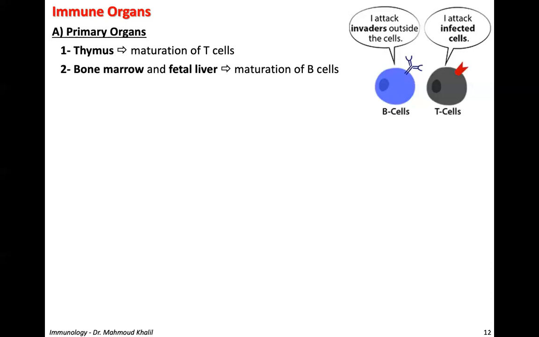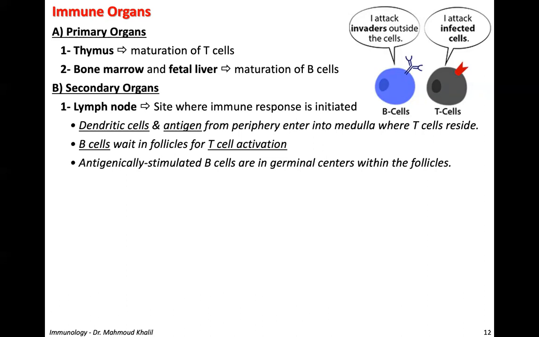And we'll see in the coming lecture that there are a lot of different types of T cells. For the secondary organs of the immune system, you have lymph nodes. A lot of lymph nodes are scattered around your body, and they are the site where the immune response is initiated.